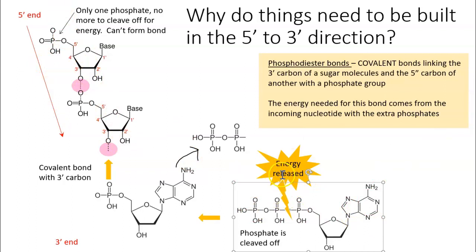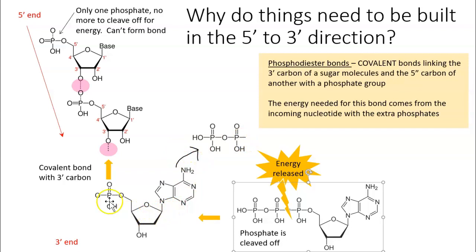What's going to happen is that those excess phosphates are going to be cleaved off. And by breaking bonds, we know that energy is released. And then that energy that is being released is going to be used to create this phosphodiester bond right here. Okay, so basically you release energy, and those phosphates just go off on their own.